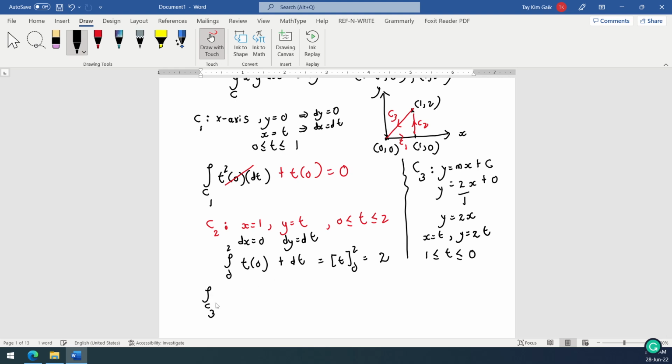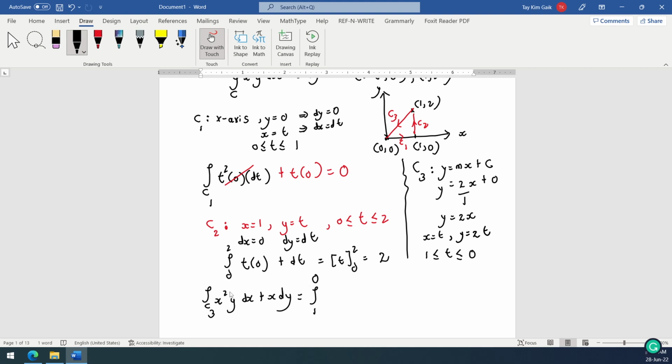The integral along C3 of x squared y dx plus x dy, along curve C3, with t from 1 to 0.